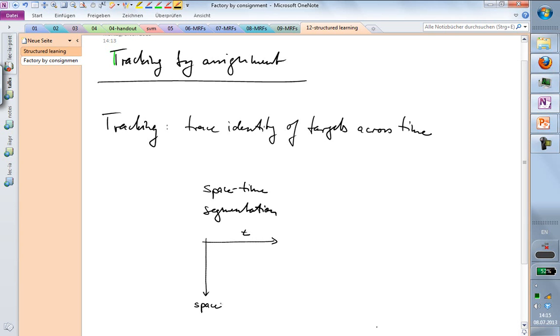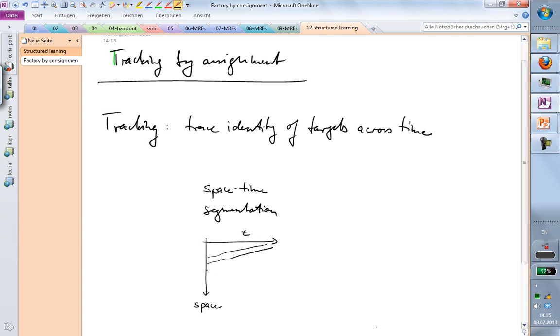I'm giving you a 1D example here. One particle moving would be one sausage or one tube in space-time.